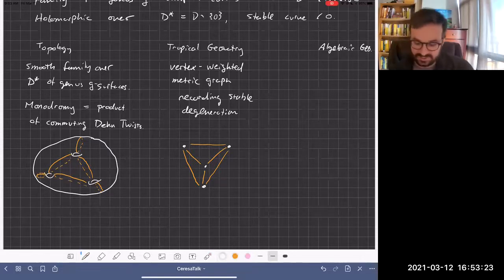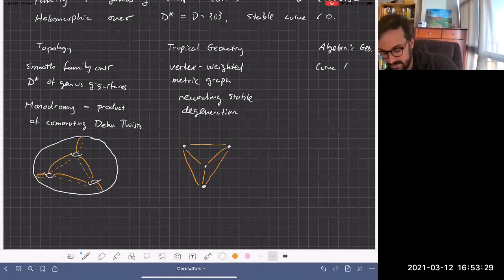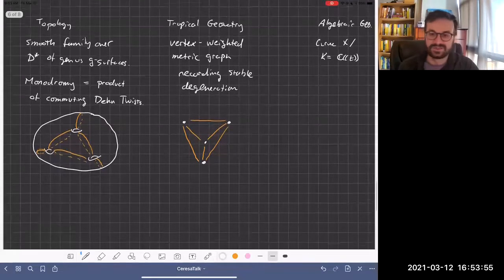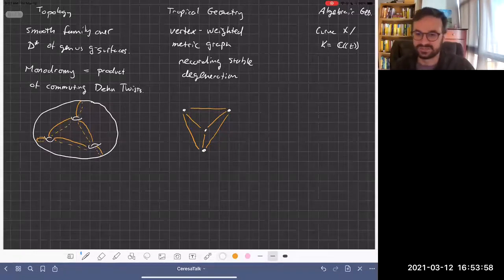Right, and then finally on the algebraic geometry side, to describe all of this data, you're just describing a curve X defined over C double parentheses T. Let me call this K. Okay, so in each of these settings, there's a combinatorial piece of data that we're going to assign the notion of a Ceresa class to.